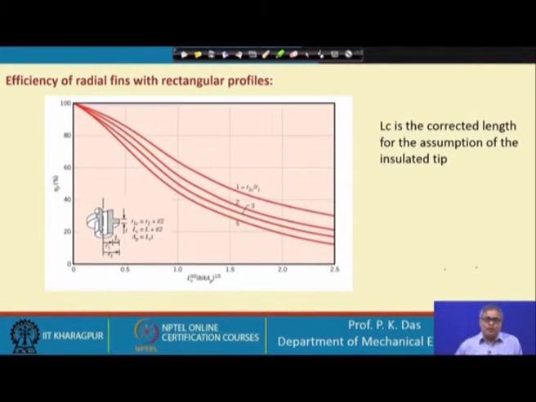So, these two fins which I have shown, the longitudinal fin on a plane surface and the circular fin over a tube surface, are very important, and they will be very extensively used in our heat exchanger design. Some of these things we will discuss, and some we will use in our further classes.